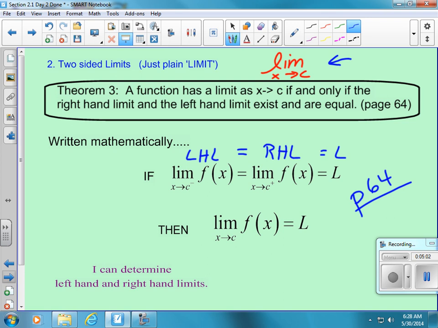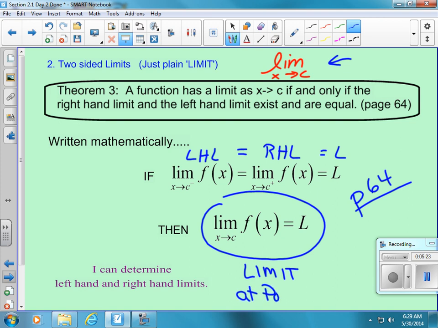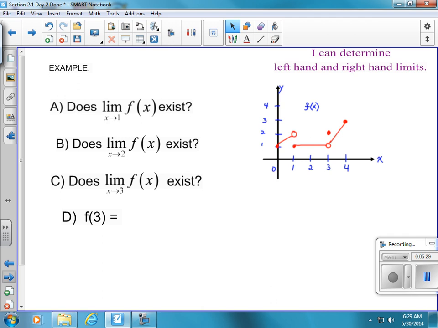That is the same as the general limit, and in your book, we call that just plain limit. If we don't say right hand or left hand in front of the word limit, that means your left hand limit equals your right hand limit at that point, at point C, whatever that number is. Let's look at some examples of this, and you might want to read on page 64 about this. Same graph, right?